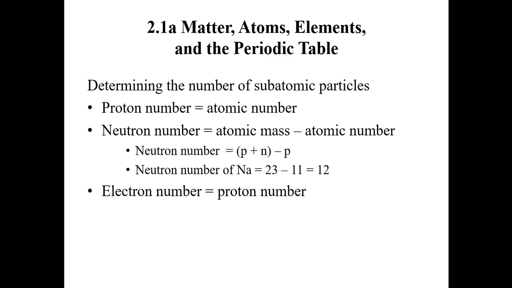We're subtracting the atomic number of sodium, which happens to be 11, which gives us the neutrons for sodium to be 12. And of course, as long as the atom is neutral, the electron number and the proton number will be the same. So if the overall charge is 0, neutral, then the number of electrons and the number of protons is the same.